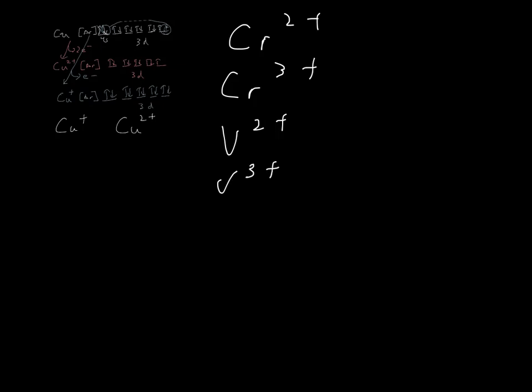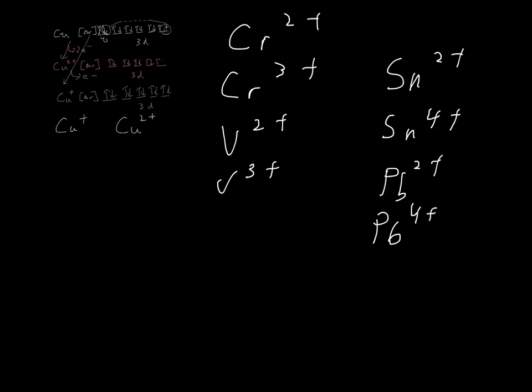You'll find other examples. Tin does +2 or +4. You'll find lead doing +2, and you'll also find lead doing +4. So you'll find several different elements capable of forming multiple charges.